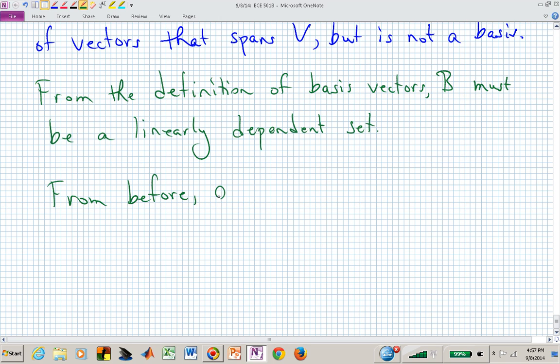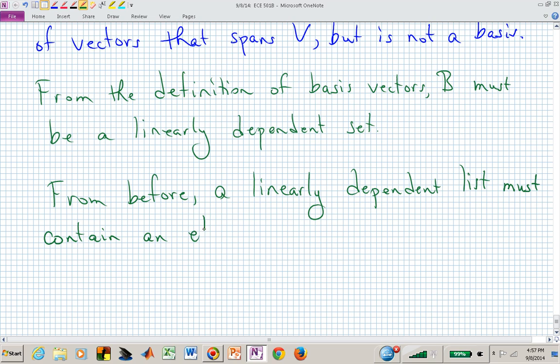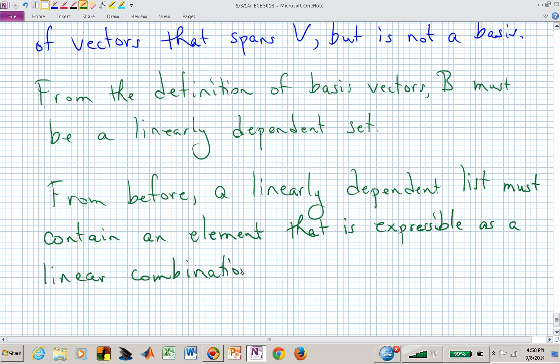So from before, a linearly dependent list must contain an element that is expressible as a linear combination of the other elements.